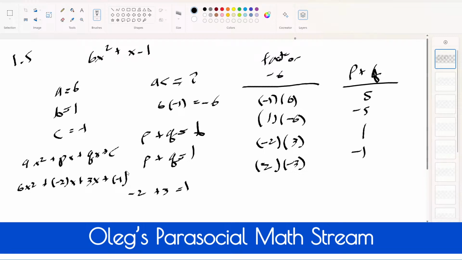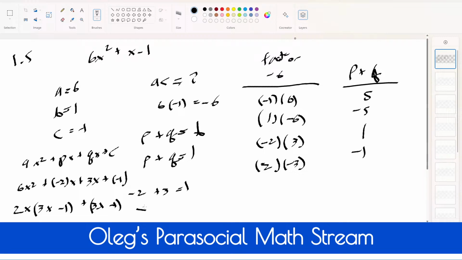That's C. And then we can pull out, we have 6 and negative 2. What can we pull out here? Well, we can pull a 2 out, and we can pull an x. So that leaves us with 3x, and that's going to be minus 1. And look at that. We also have plus 3x minus 1.